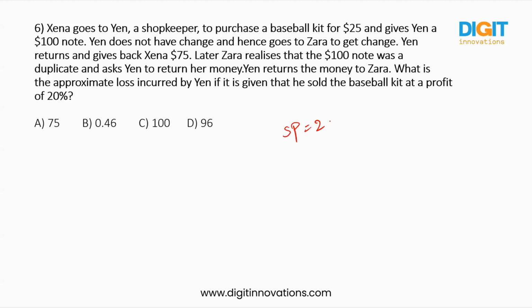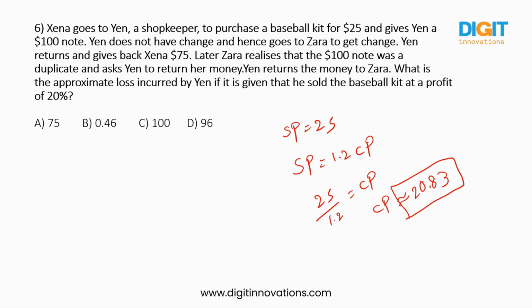First of all, the selling price is 25. We have to know the cost price. She sold it at a profit of 20%. 20% profit means it's nothing but 1.2 CP, right? So 25 by 1.2 is equal to CP, and approximately you're going to get the value as 20.83. So this is the actual cost, and she has already got this loss.